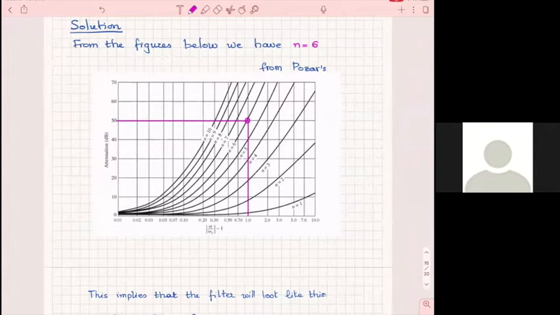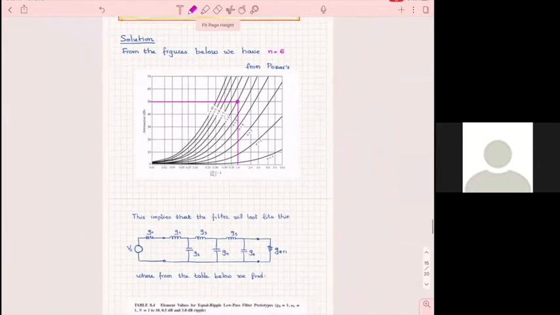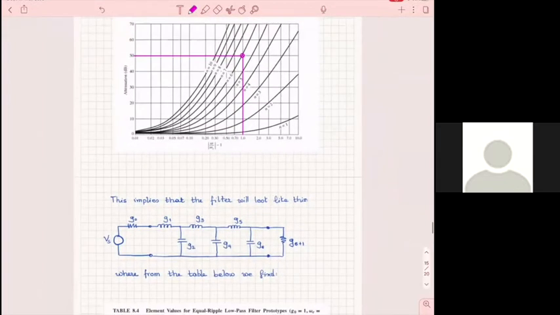That's another way of saying that equal ripple always gives you better rejection. And I like fewer sections. In our particular case, it was given to us already, and I find out I need 6 sections.